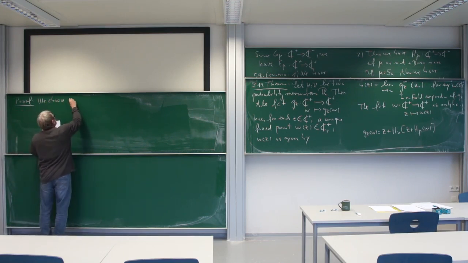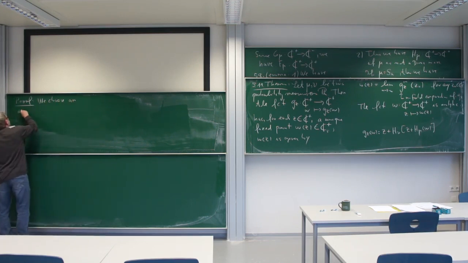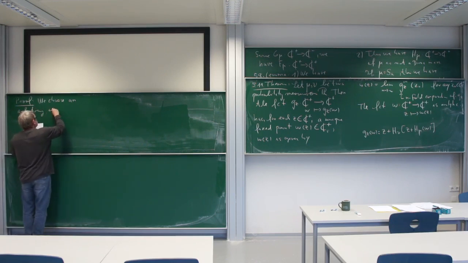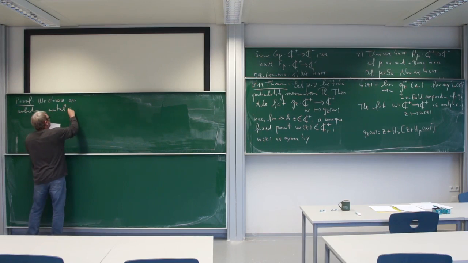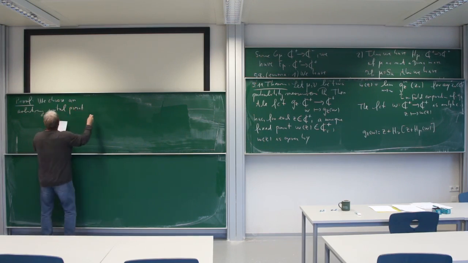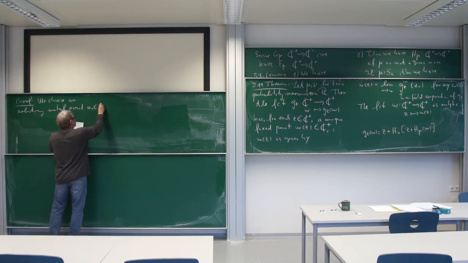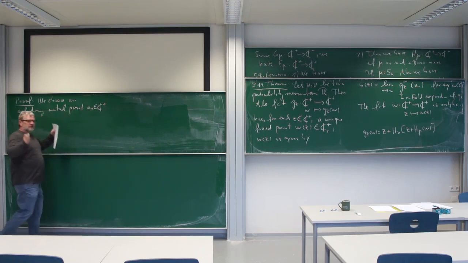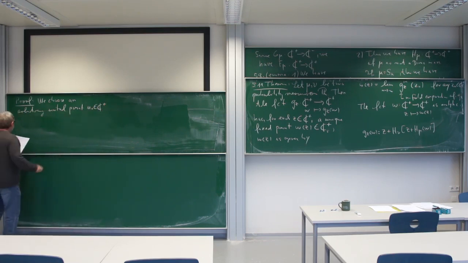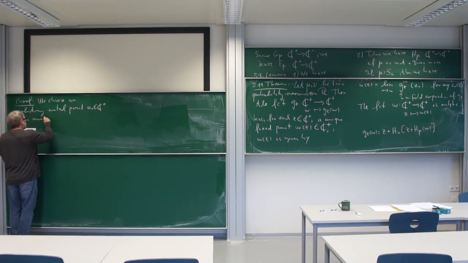So we choose an arbitrary initial point. Maybe I call it u0 in C plus. Just any point. You can take your favorite point in C plus. So we choose this for our iteration.